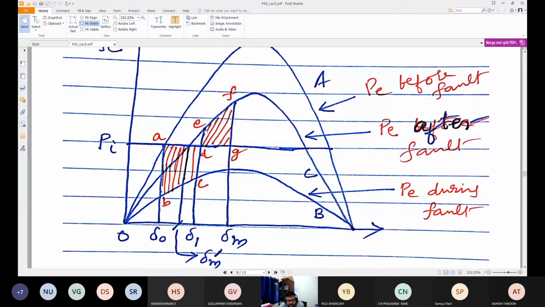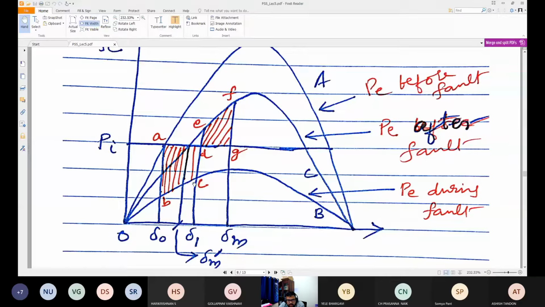The rotor decelerates till point F, which is the extent of swing for the rotor. At F, let the corresponding power angle be del M. In the section EF it decelerates, and in the section BC it accelerates.